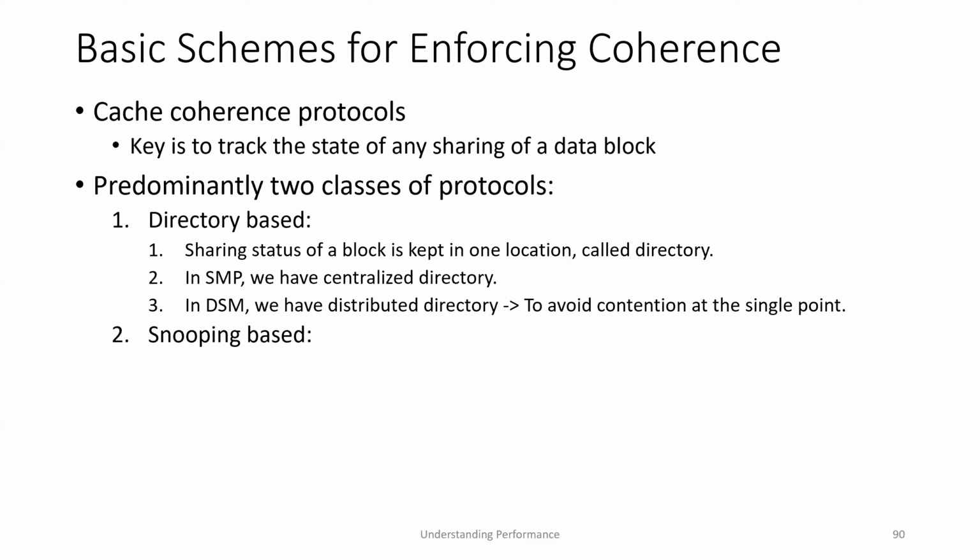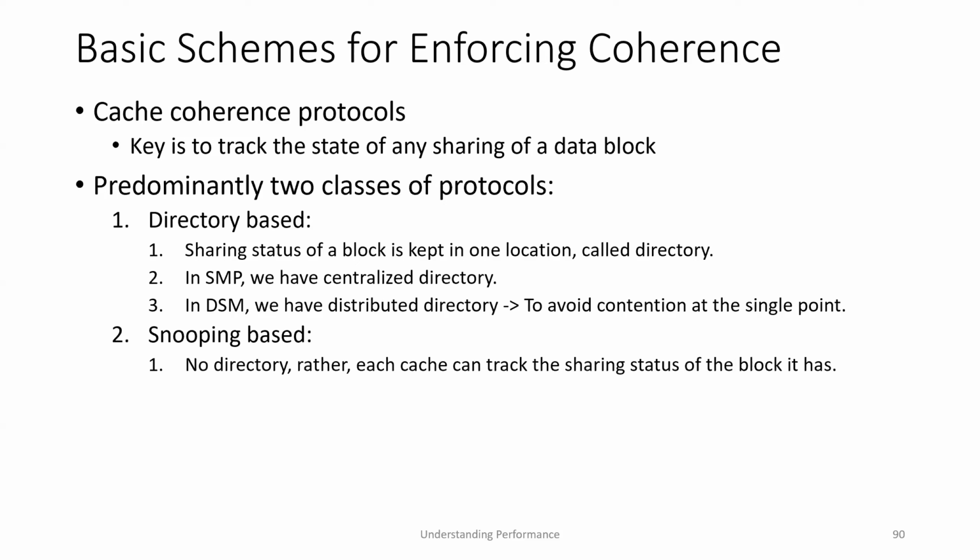The other type of protocol is snooping based protocol, wherein there is no separate directory, but rather the cache itself will maintain some additional information to track the status of the block, right? So in the cache, we already have status information for the block. For example, its address is stored. We store one additional bit to say whether it is valid or not, whether it has been written or not, physically dirty or not, right?